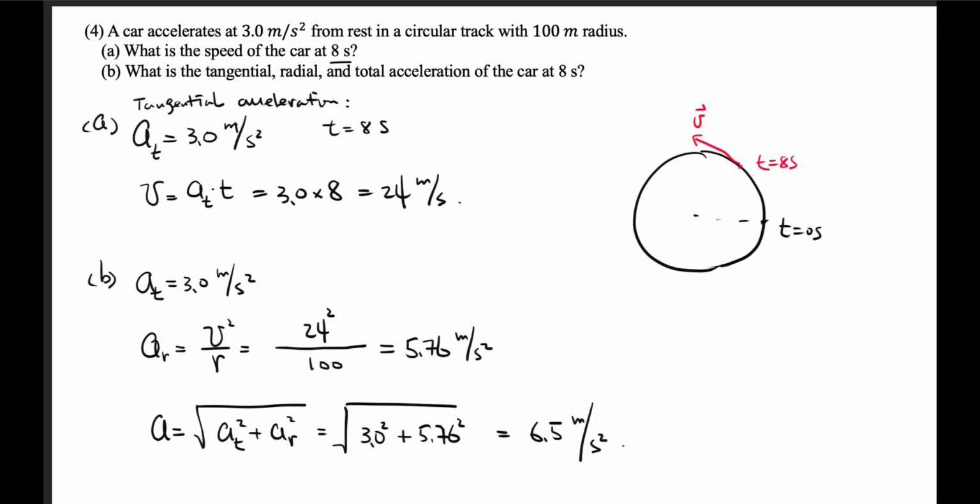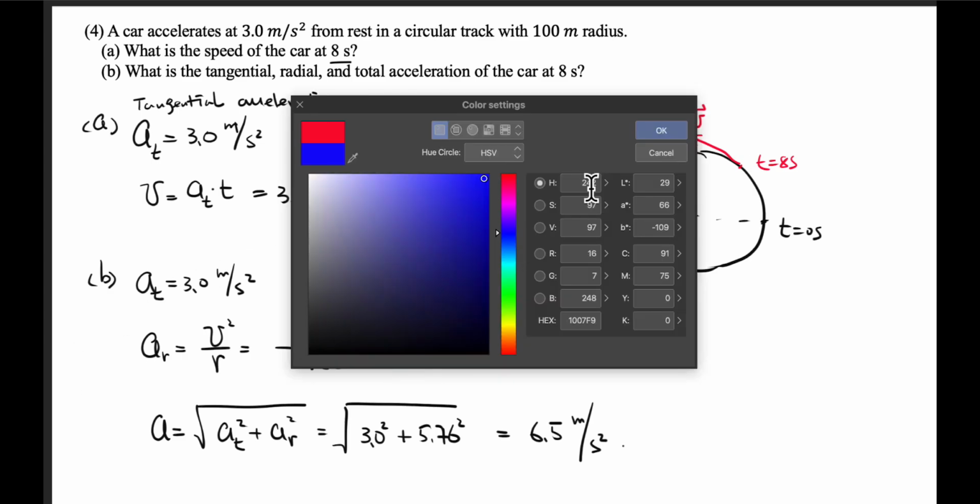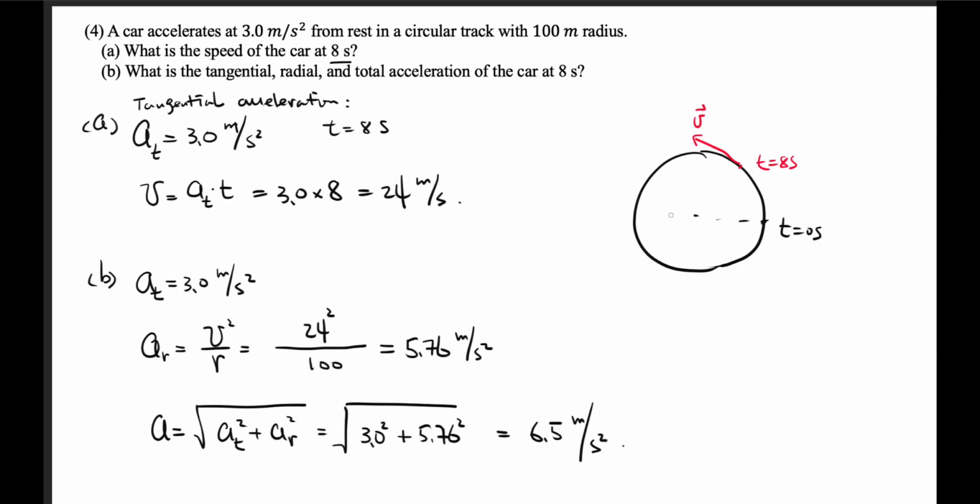Okay, and let me use a different color for acceleration. So a_t is also along this direction. But now there's an a_r, which is actually bigger than a_t. Okay. Now at the beginning, I also want to put in the acceleration. The acceleration is tangential, and it only has this component, and there's no a_r here.